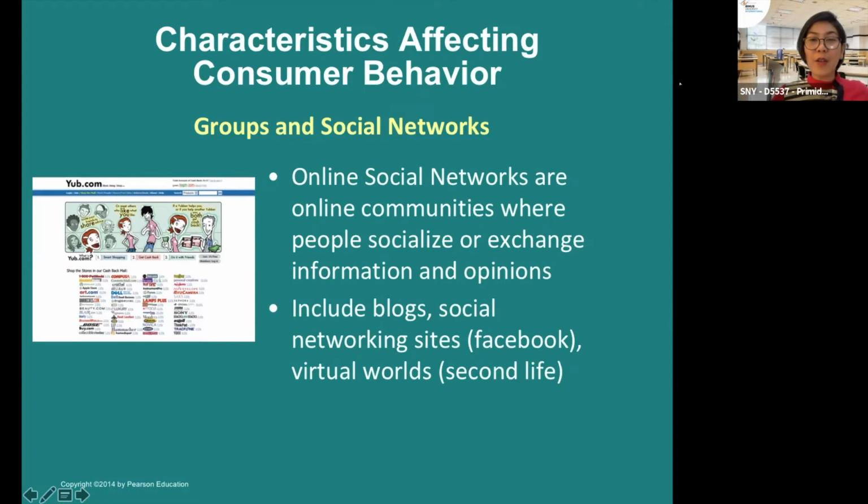Online social networks. We're living in the online world nowadays. Sometimes we are part of a certain game community. We don't even know who we're playing online with, but their values can influence the way we see the world, right? So online social networks, as online communities, also affect our consumer behavior.